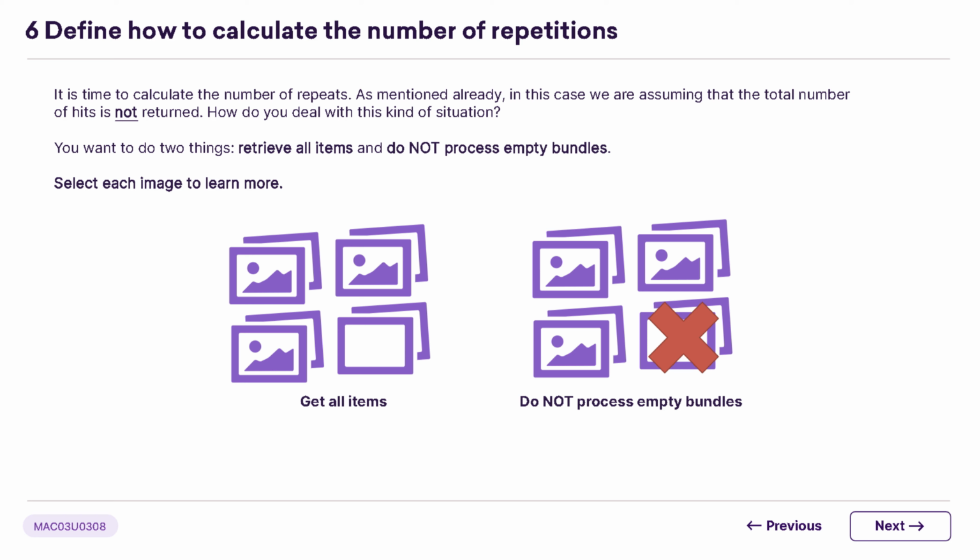It's important to inspect the structure of the API response carefully to identify how data is paginated or segmented. Next, avoid processing empty bundles. This means checking the response from each call to confirm there's actually data to work with before proceeding. By doing this, you prevent your system from wasting resources on unnecessary operations. Together, these strategies help maintain an efficient process, even when you're working with dynamic or unknown data sets.